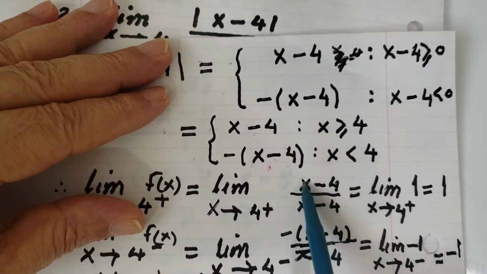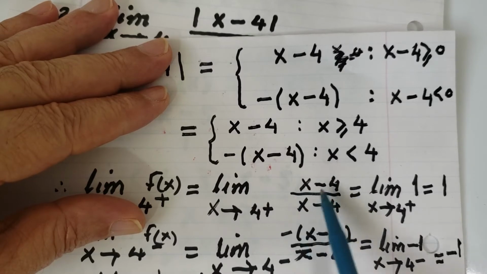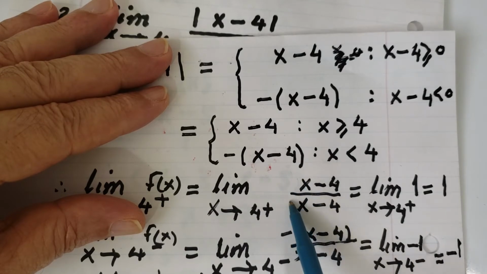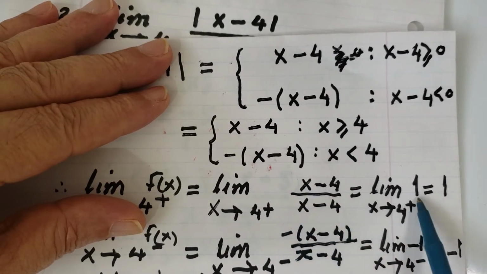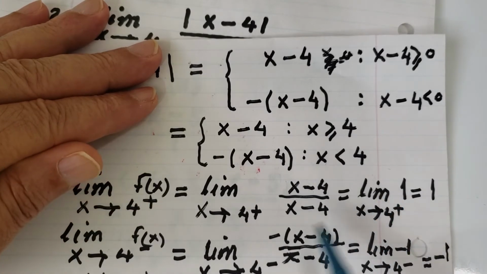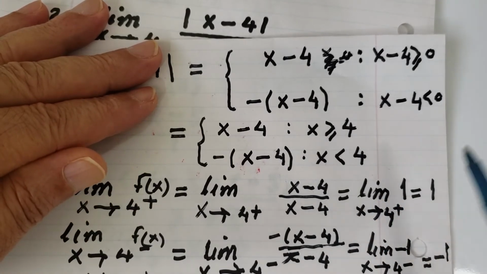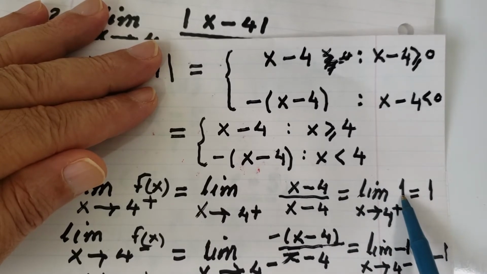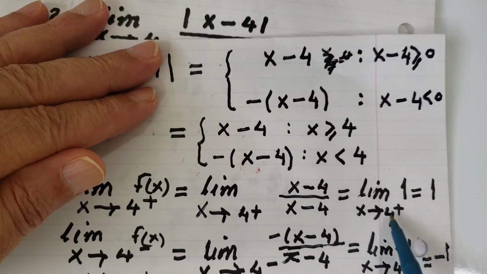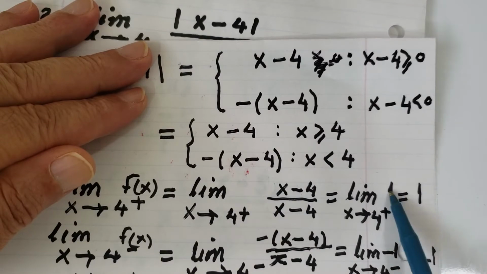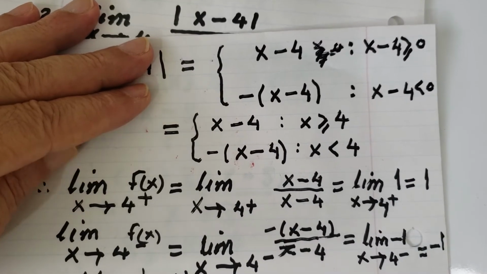So now they became the same, so we can make a cancellation. To cancel those together, 1 will stay here and 1 will stay here. So 1 over 1 means 1. So the question changes into finding the limit of the constant number 1 when x tends to 4 from the right, which will be 1, because the limit of a constant is the same constant.